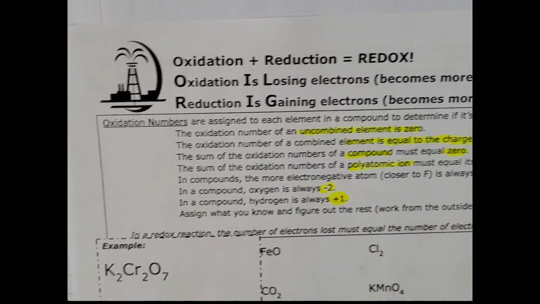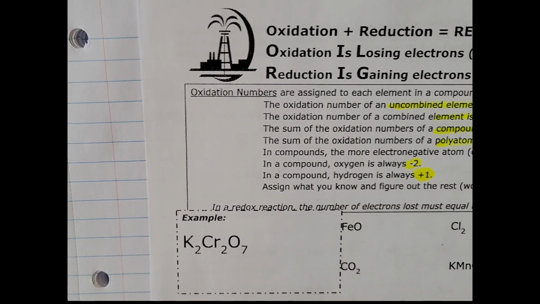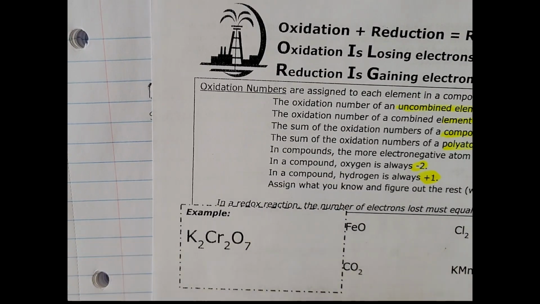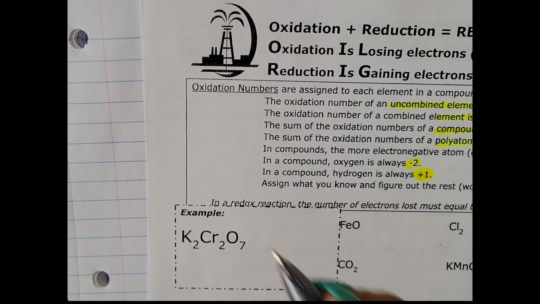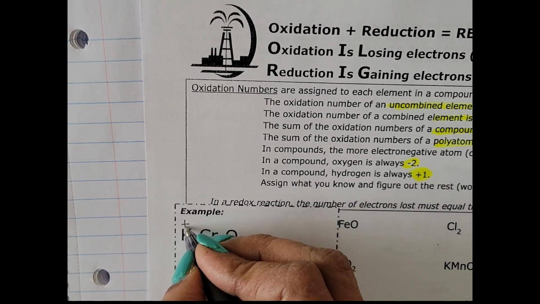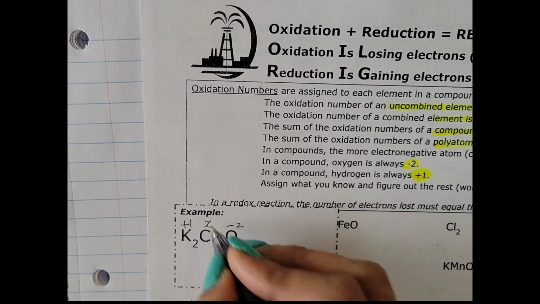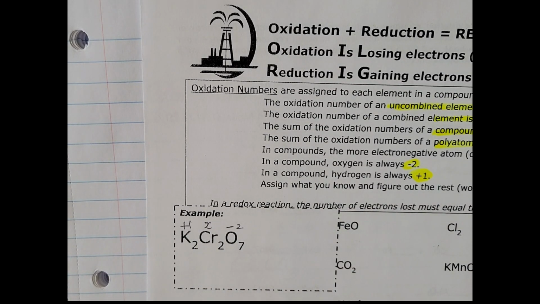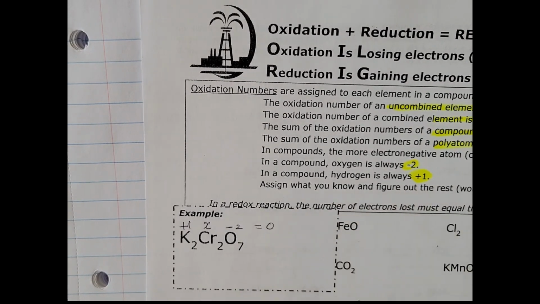Okay, now we are going to find the oxidation state of these elements. Let's start from the first example. I will solve one. You are going to do all the rest by yourself. So potassium plus 1, oxygen minus 2, chromium X. We know that the total charge equals what? 0.